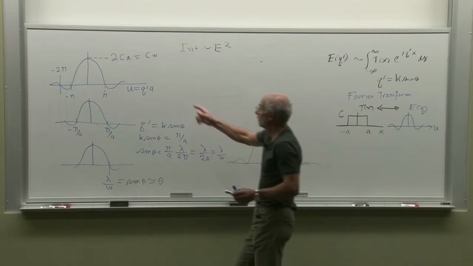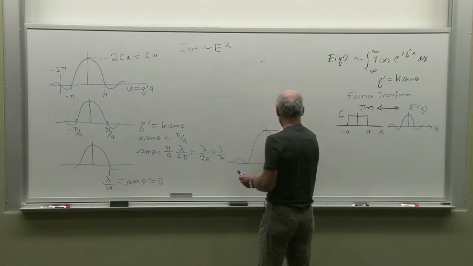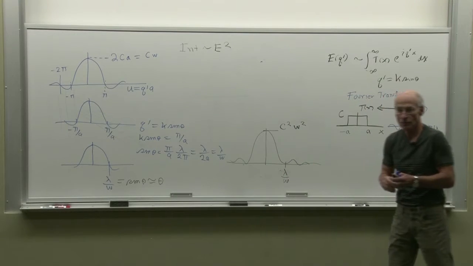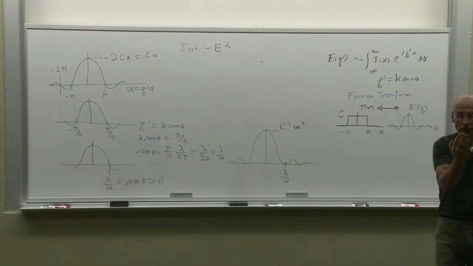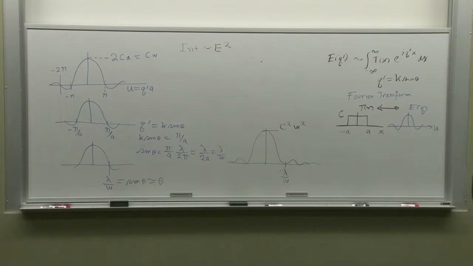When we square it, what's the magnitude? c squared W squared. And that means that if we open the slit twice as much, the forward diffracted intensity quadruples. And that doesn't make any sense at all, does it? Because it should double, right?